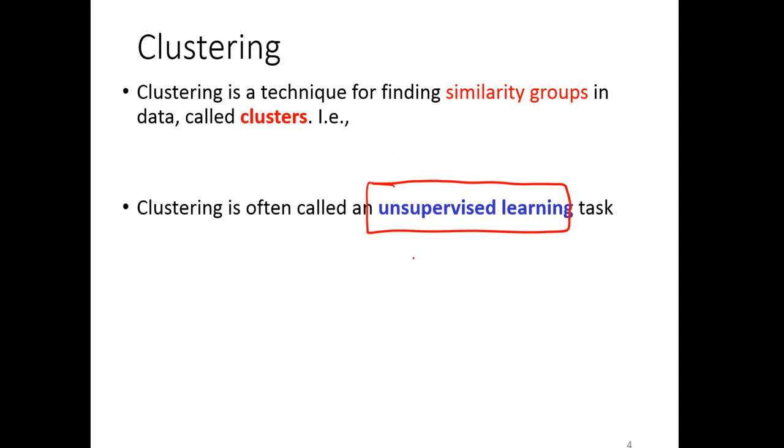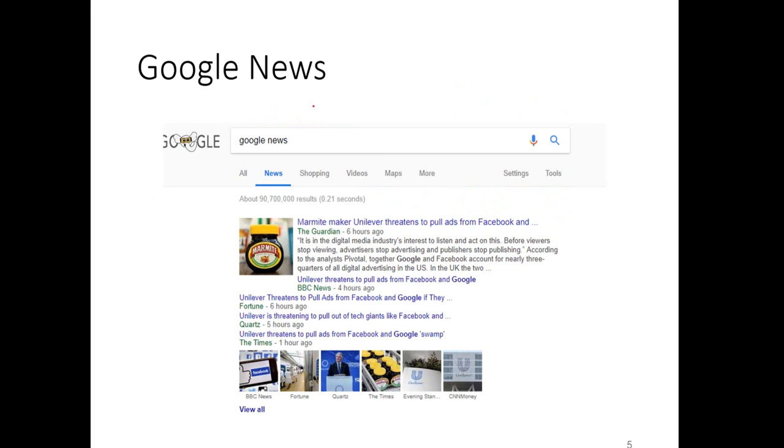So just to take an example, and that would be more clear, let's take a real world example. Google uses clustering algorithm to cluster or to club or to group similar news articles. News articles are not labeled. That means when you have a news article, we do not know on what topic this particular article is. We of course have the title of the news article, but that doesn't tell much about the topic in which the article has been written.